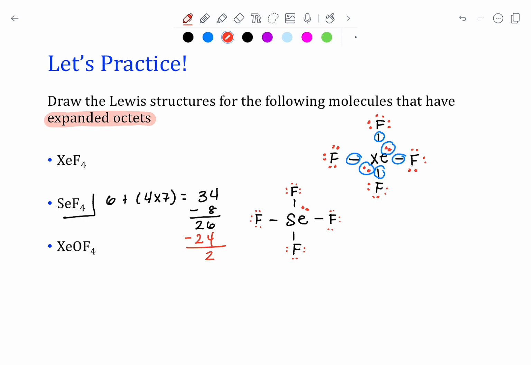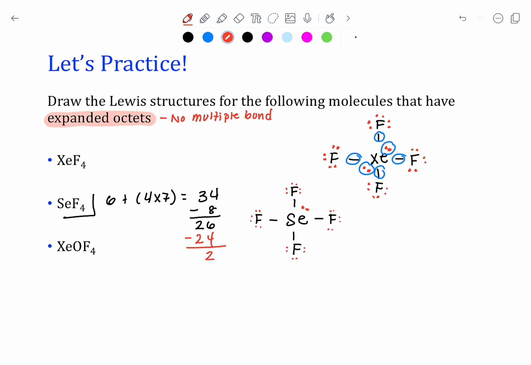With expanded octets, though, we are not going to be forming multiple bonds. No multiple bonds. We've already surpassed our octets. We don't need to form multiple bonds because the rules tell us, our very last rule is, if octets are not complete. Well, with expanded octets, the octets are complete with some extra electrons in there.